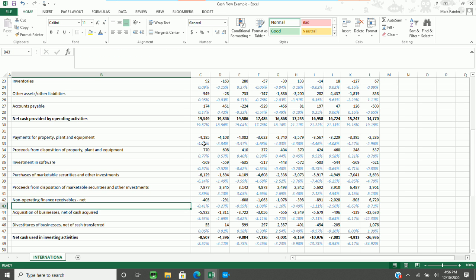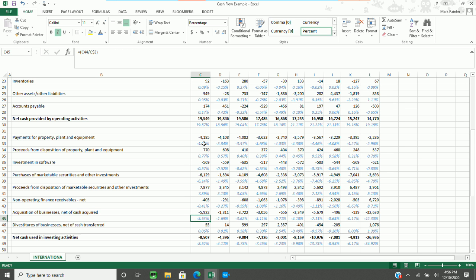But here, which is interesting, this is an acquisition of businesses. So this is important to look at because you get to understand the strategy or the business strategy of a company at that period of time. Are they generating business internally from everything that they already have, or are they going out and purchasing businesses?